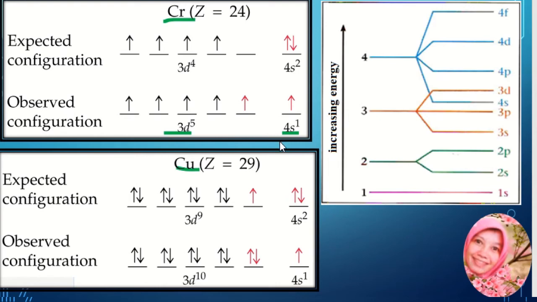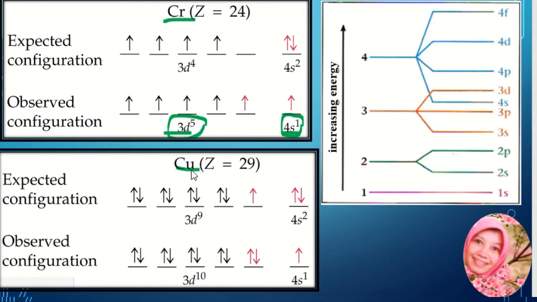For chromium, the greatest ground state stability results from a configuration in which its 4s and 3d orbitals are half-filled. 4s1 is half-filled, 3d5 is half-filled.